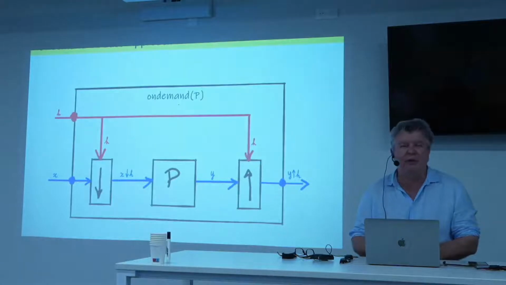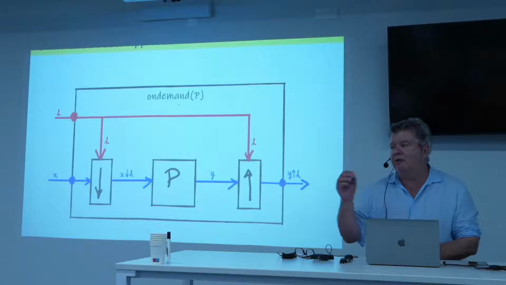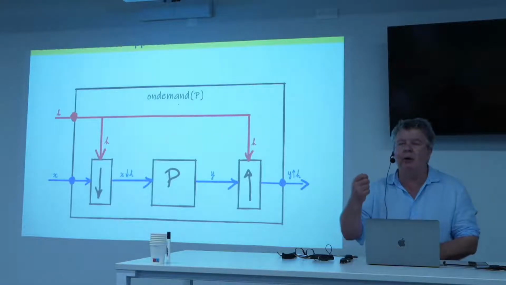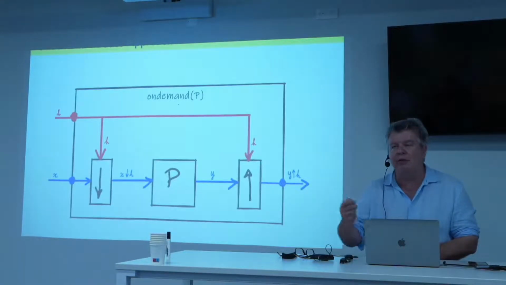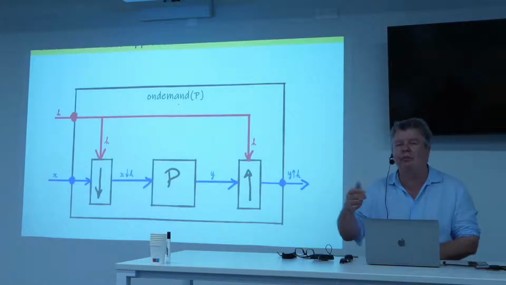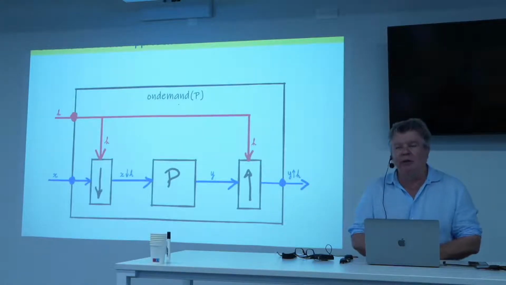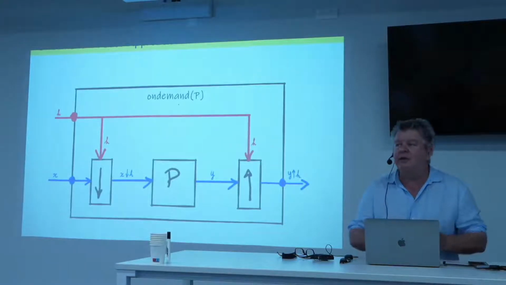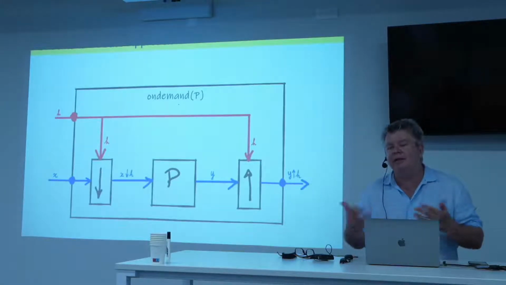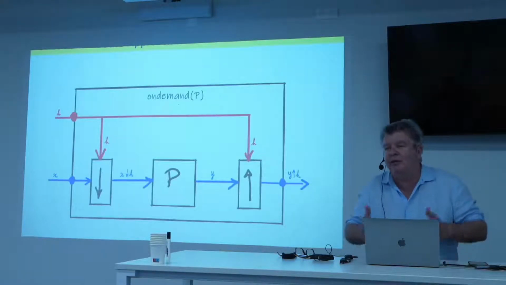So basically, the clock is a signal containing only ones or zeros, and when you have a 1, you want to do a computation, and when you have a 0, you just maintain, so to speak, the outputs without doing any computation. So if your clock is just the one signal, something which is always 1, this is like not having any on-demand.